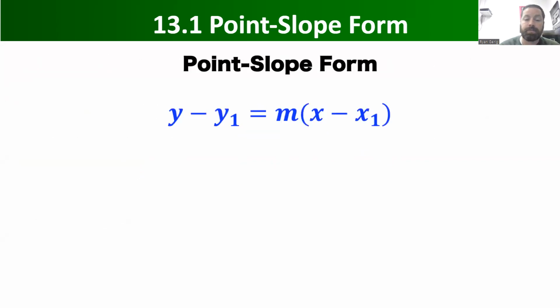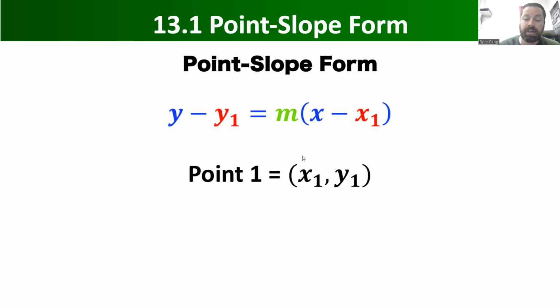So point-slope form, y minus y1 equals m parentheses x minus x1. You should recognize the m. M is slope. The new part is this x1, y1 here. That just represents a point on the line. So point 1 has coordinates x1, y1. They're going to be numbers in this.